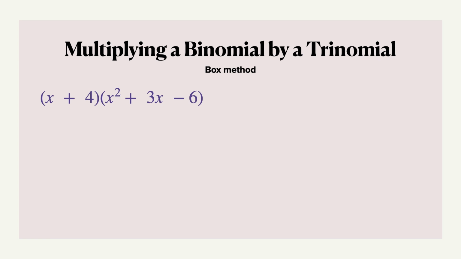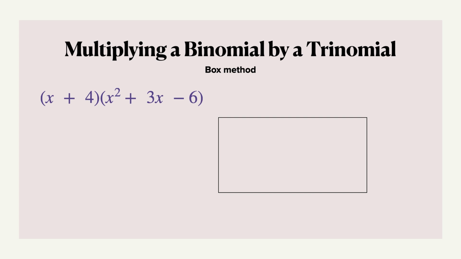So this time I'm going to have a 3 by 2 box. It doesn't matter which way you put your trinomial and which way you put your binomial. Personally, this is my own personal preference. I like the horizontal being the longer of the two polynomials. And so I'm going to put my trinomial going horizontally and my binomial going vertically.